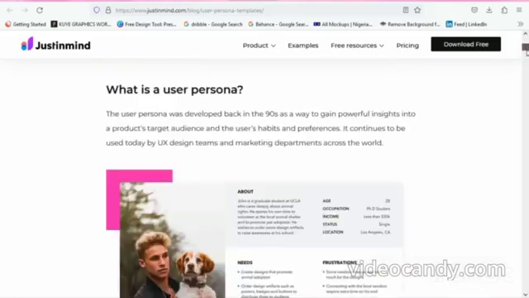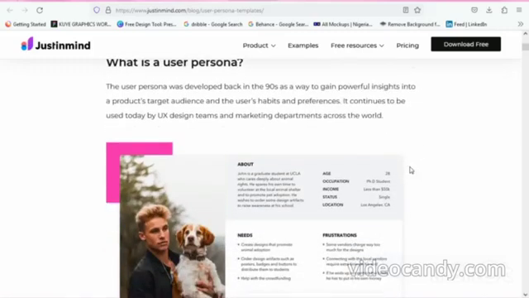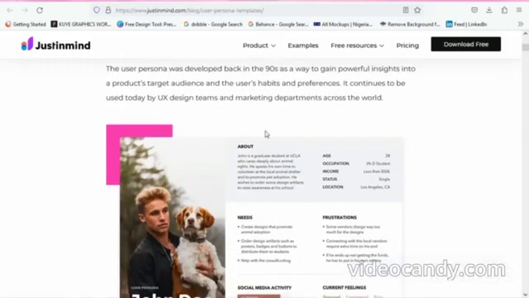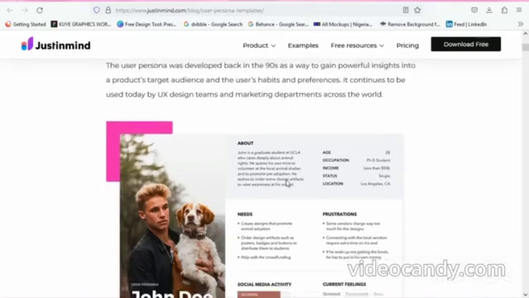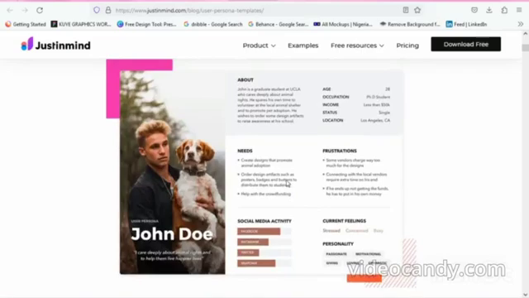Let me put it this way. You have conducted a lot of research for some users, and you now have target audiences. Let's say you have people working in hospitals. That's a target audience.